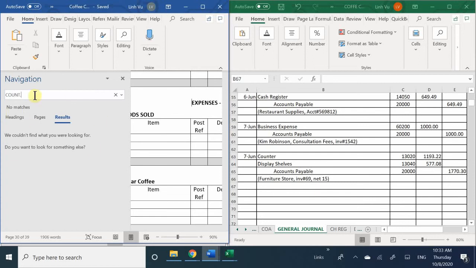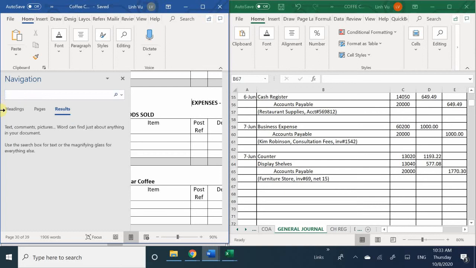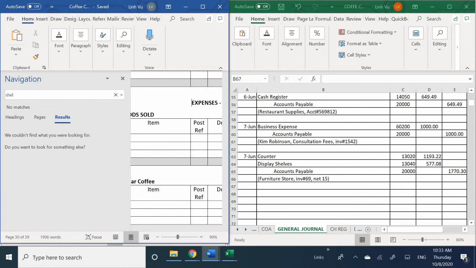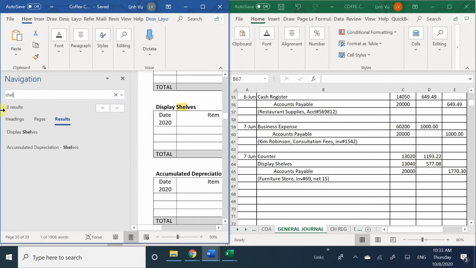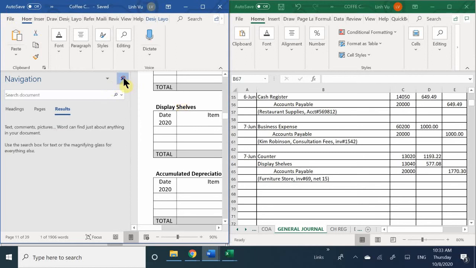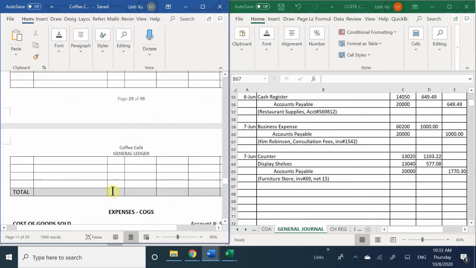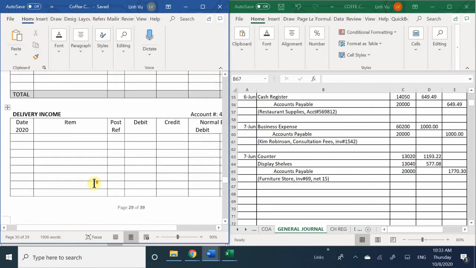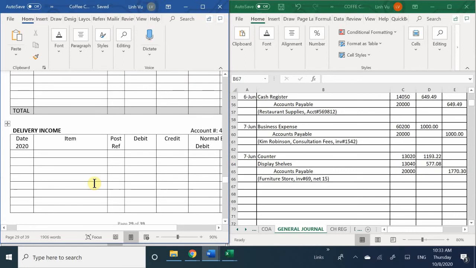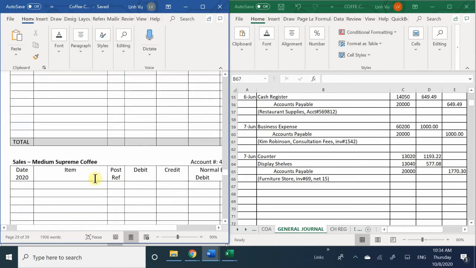Oh. All right, so here are my display shelves, and my counter is only a page above it. Oh, I lost it.